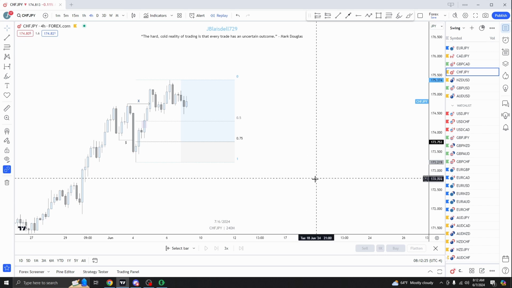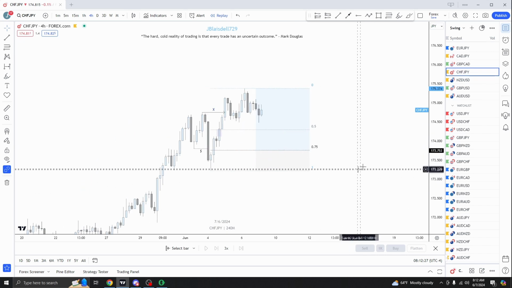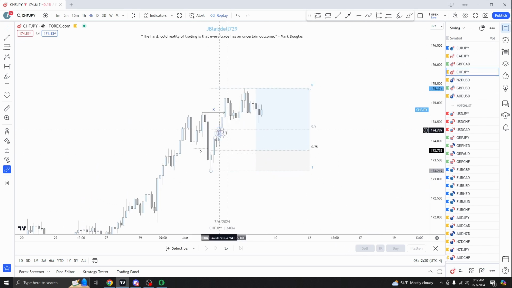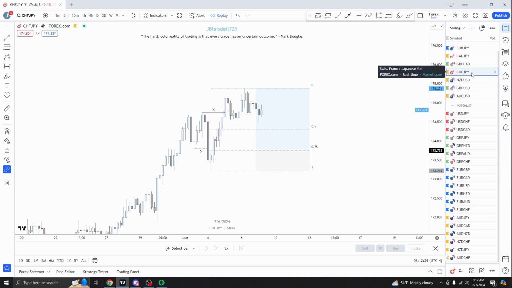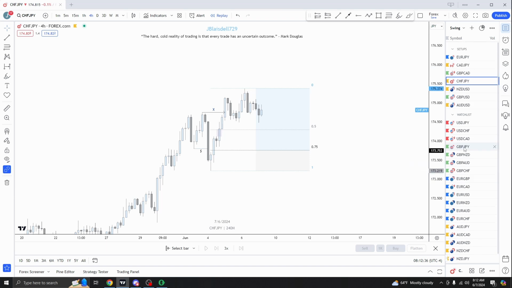I only tend to add pairs, for example, when I see someone has a great setup on a pair that I don't necessarily have, with the exception of like minor pairs. I'm not going to trade any of those, what are they called, exotic pairs. I'm not really a fan of those at all. But basically anything in the orange down here, a majority of them have kind of been added in as time went on.